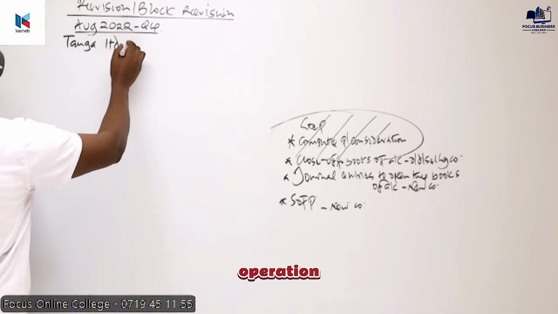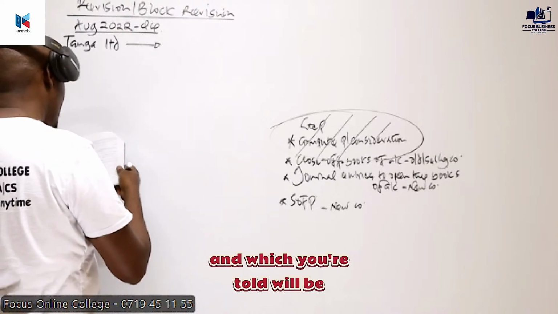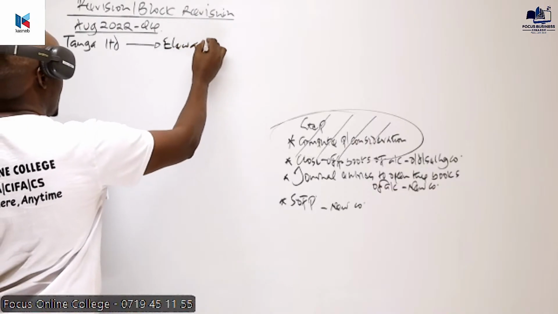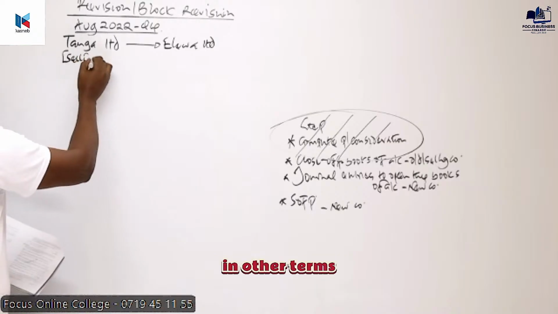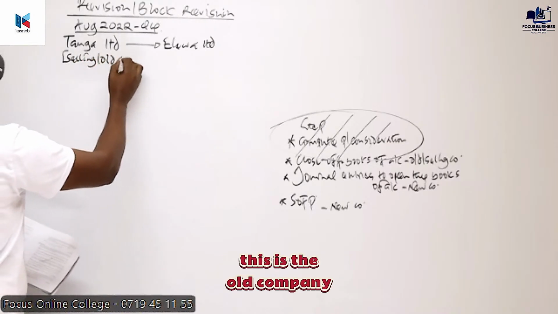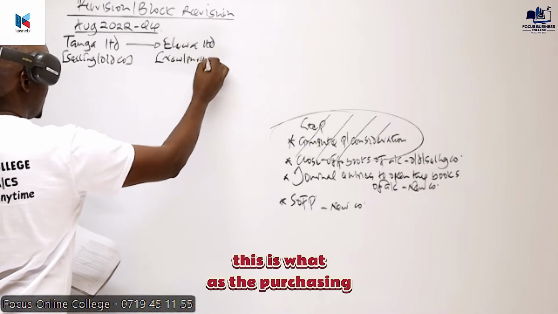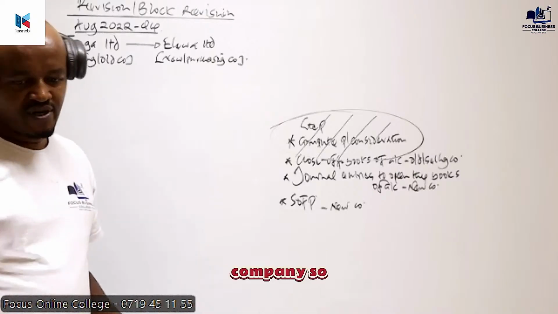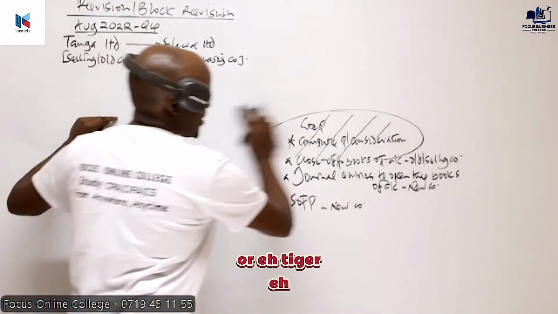Its business operation, assets, and liabilities are taken over by a new company, which will be known as HL Limited. So this is the selling, or old company, whereas HL is the new company, which we also refer to as the purchasing company.